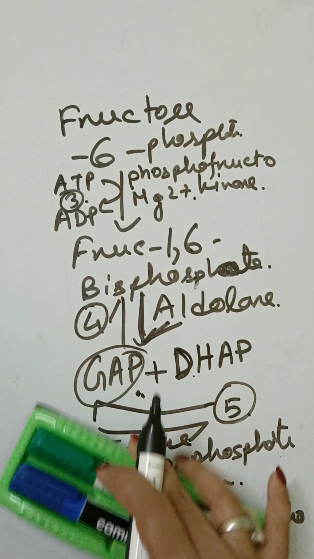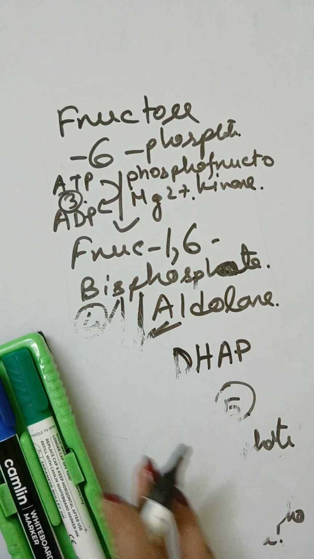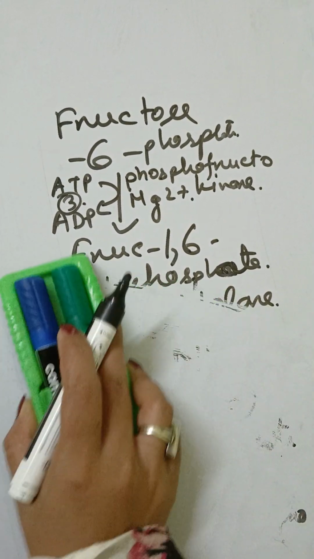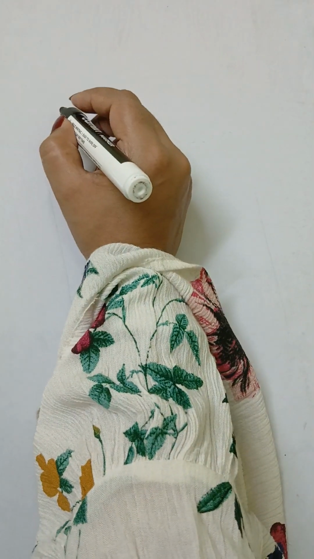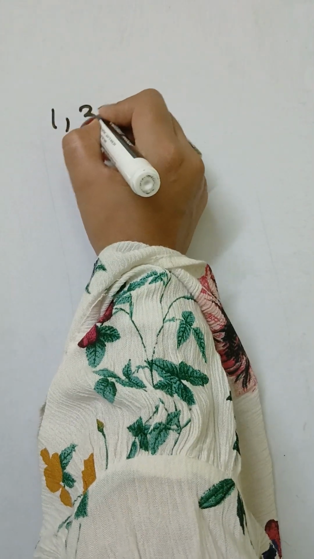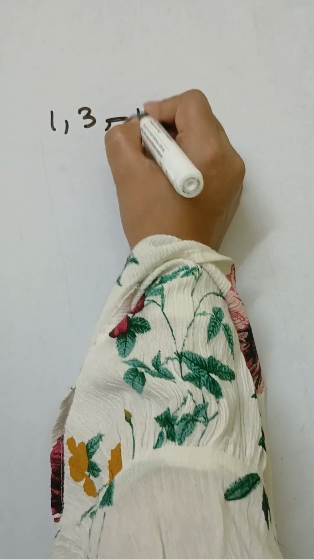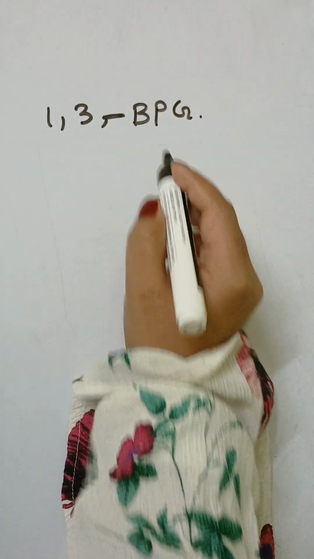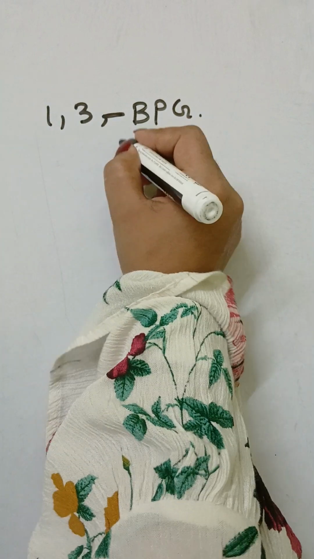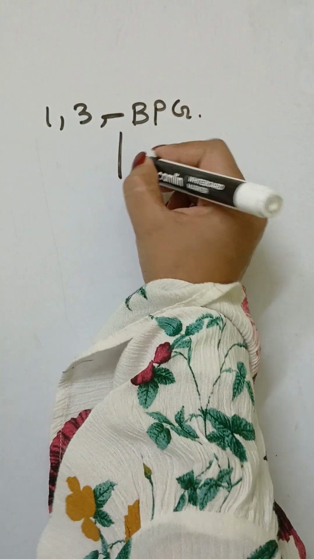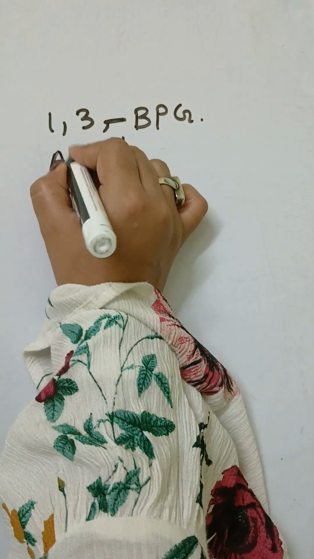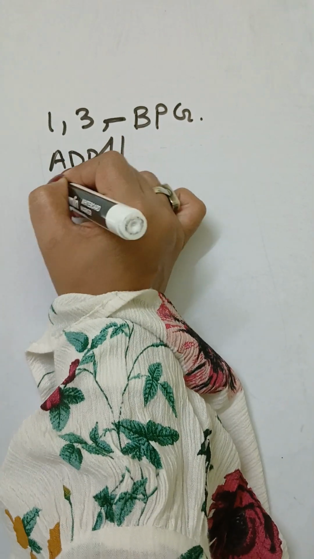Now when 1,3-bisphosphoglycerate is produced, after that comes the 7th reaction. 1,3-BPG is also known as 1,3-bisphosphoglycerate.